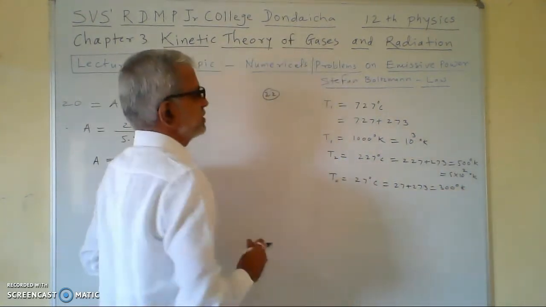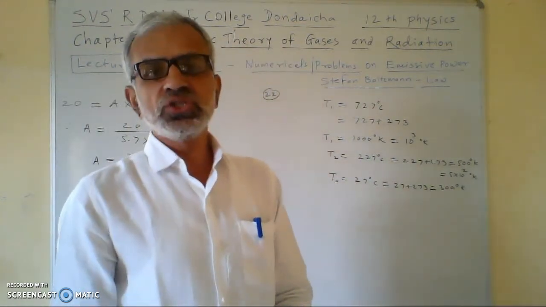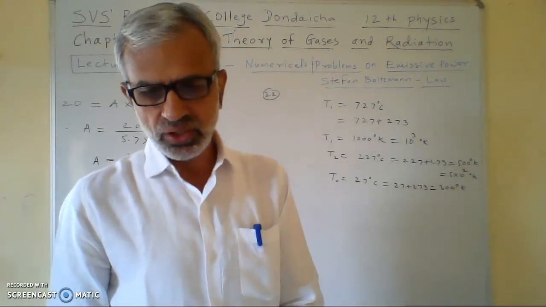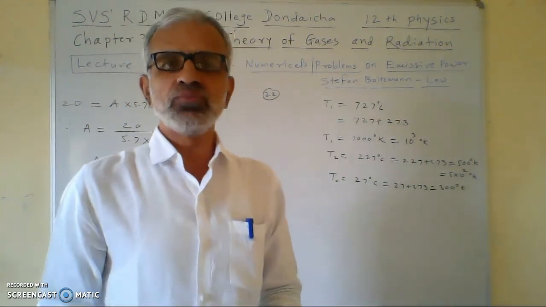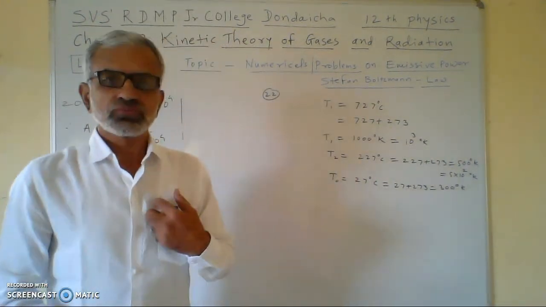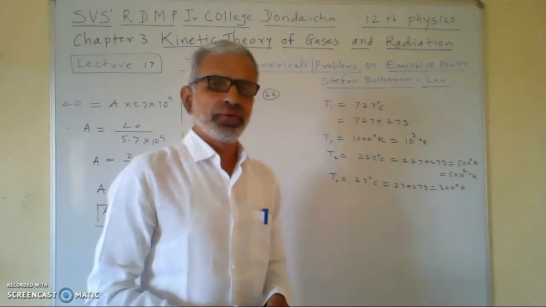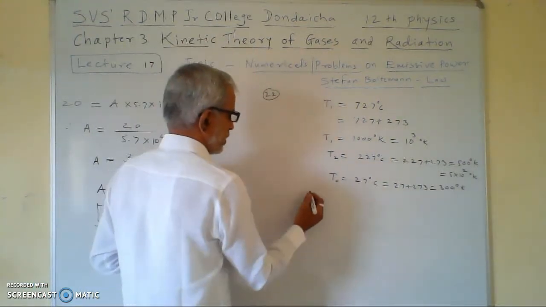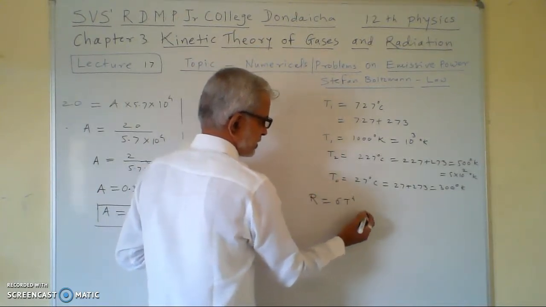So these three quantities are given, and we have to find the ratio of the rate of emission of the heat by the black body. Now we use Stefan's law of radiation, and according to that law, R is equal to sigma T raised to 4.